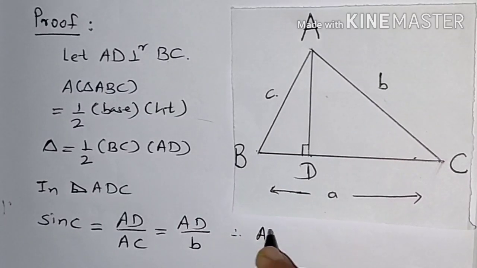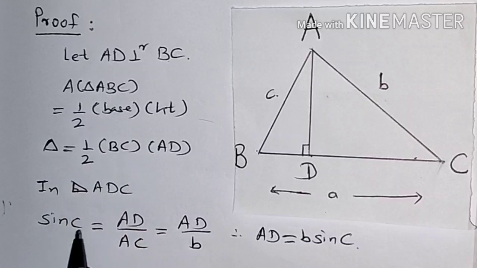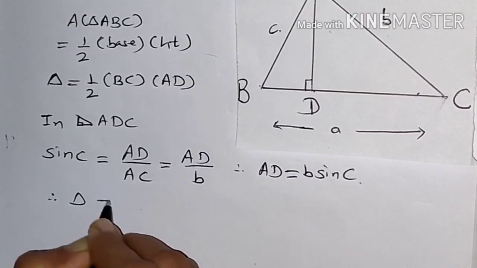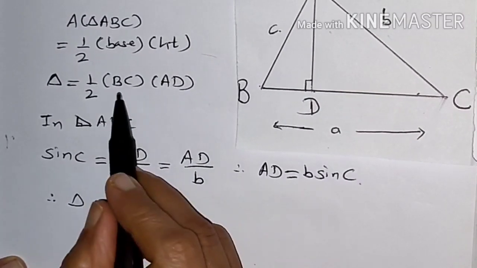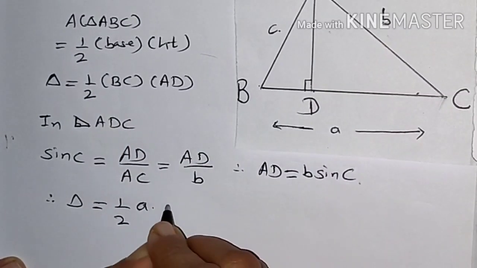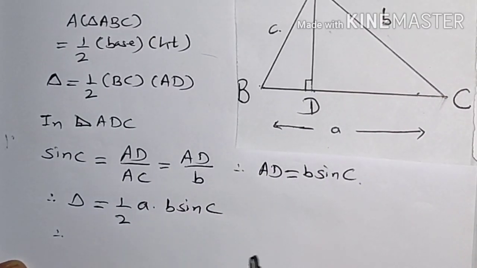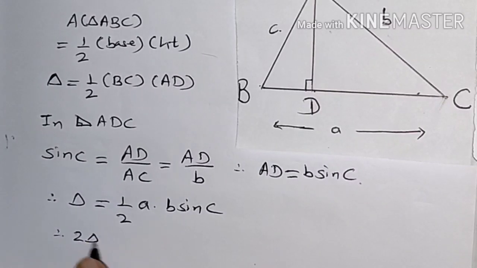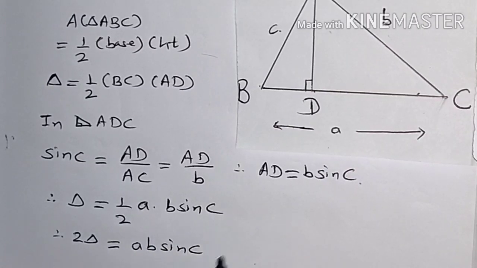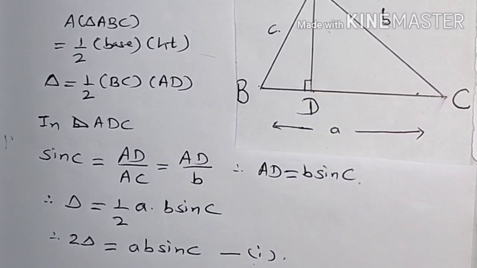Therefore AD is equal to b into sine C. Let's substitute in the formula. So we get delta is equal to half. BC is a and AD is b sine C. Therefore 2 delta is equal to ab sine C. Let's consider this as equation 1.